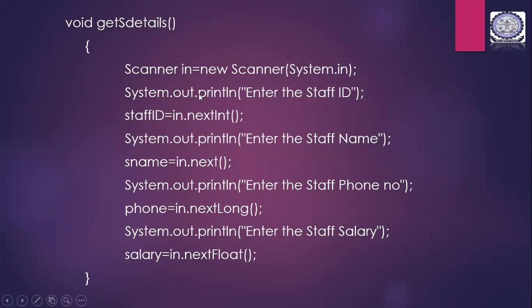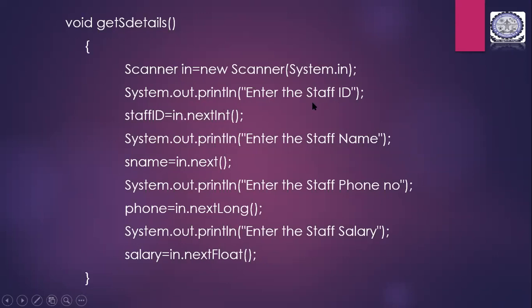So this says that we have defined a new object called in, which has to take in the input from the user. System.out.println is to just put the statement inside the braces on the monitor. It puts the output here. So we ask the user to enter the staff ID.